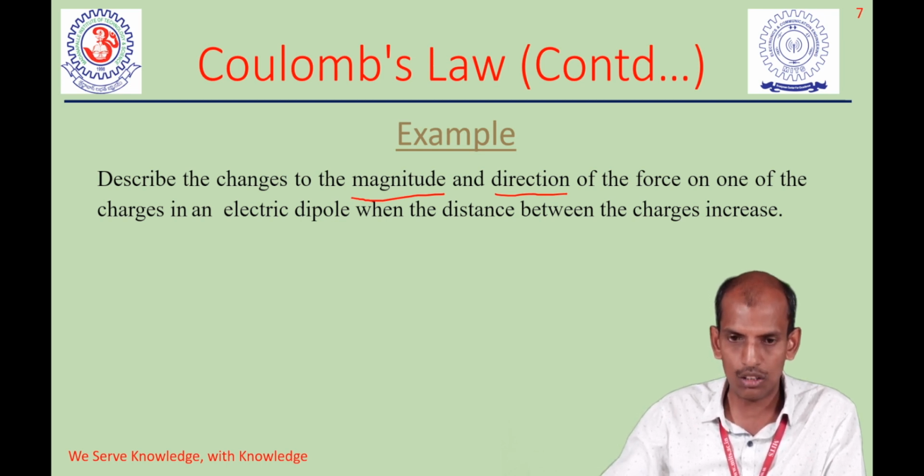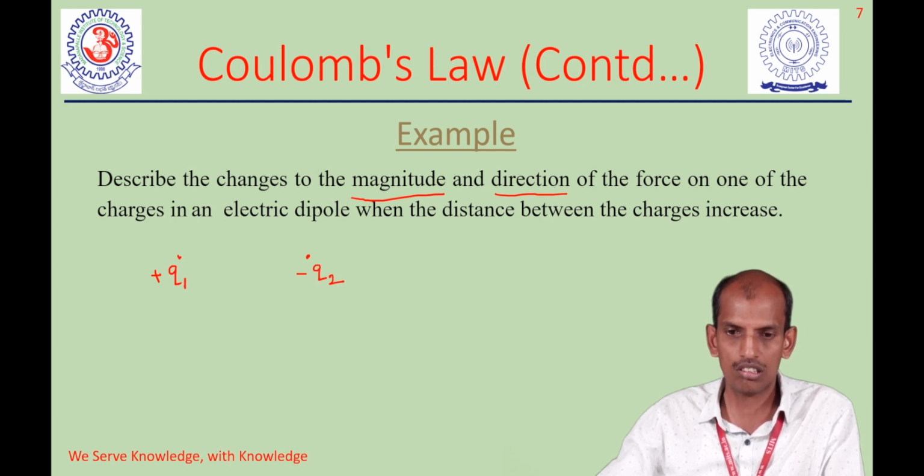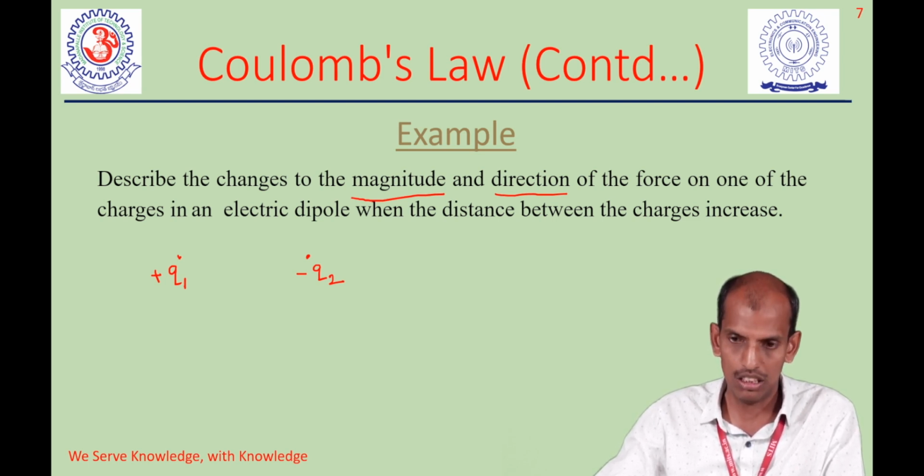The question is saying that you have an electric dipole. Electric dipole means two charges are there. One is Q1, maybe positive, another is minus Q2. So this system is called a dipole. Now it is saying that if the distance is increasing, what will happen to the magnitude and direction?